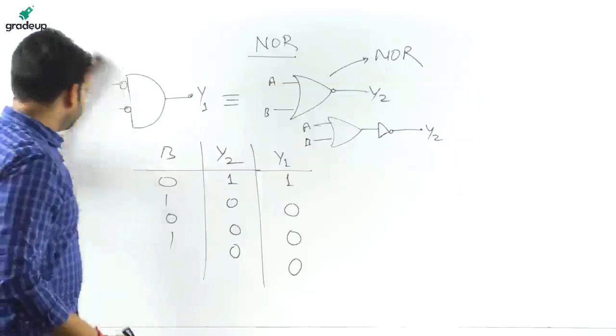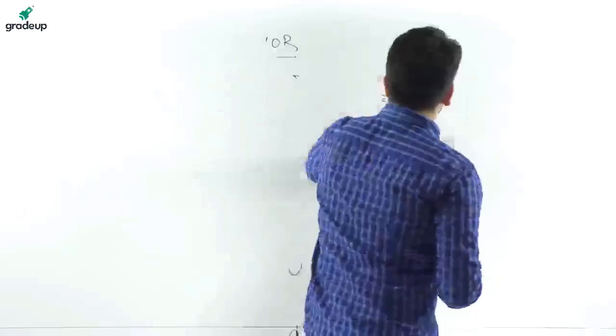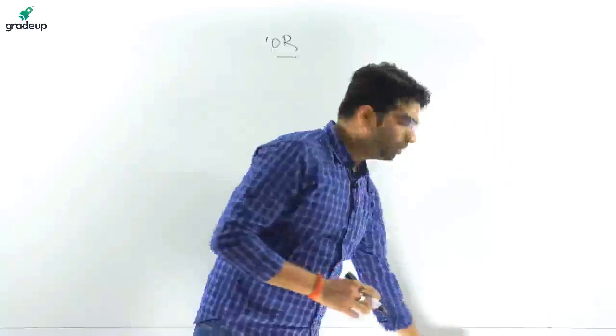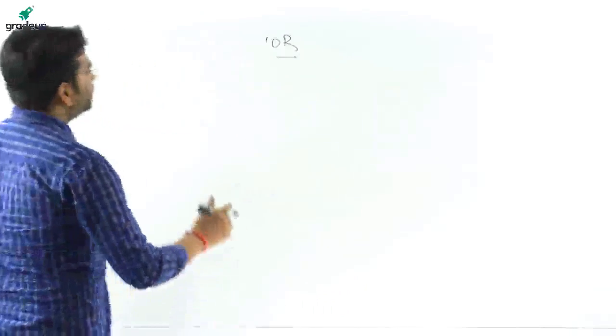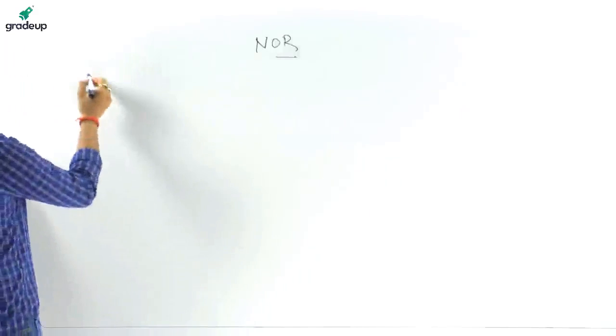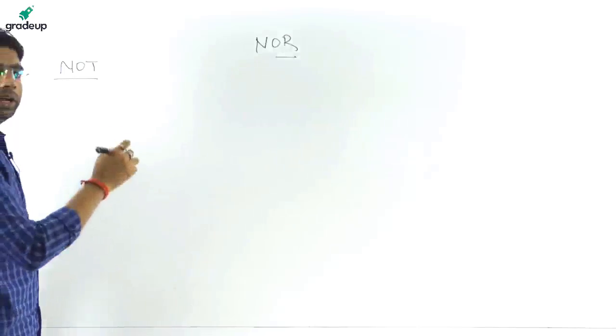Okay. Now let's look very quickly at the NOR gate operation and how we can use it for designing any logic circuitry. Now let us design a NOT gate using a NOR gate.